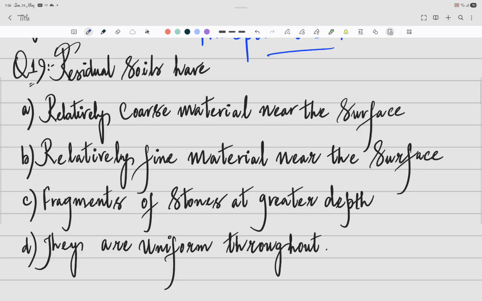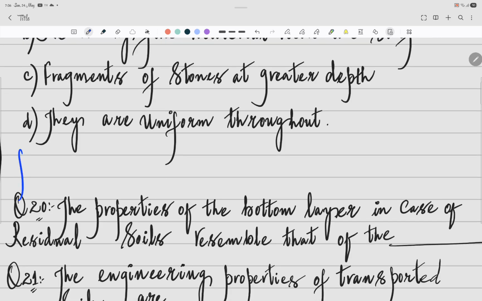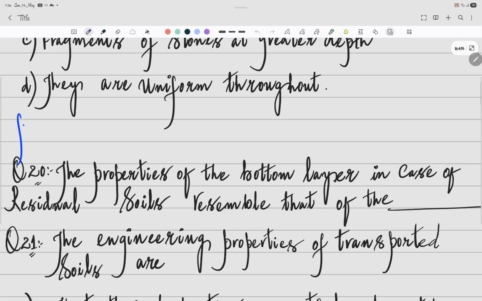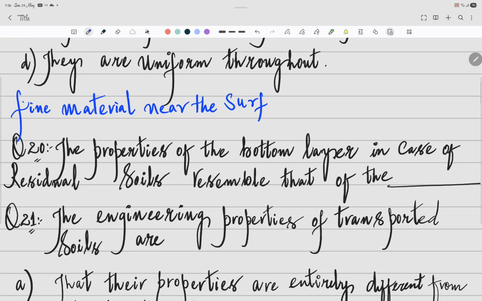They have gradual transition from relatively fine material near the surface to large fragments of stones at greater depth.